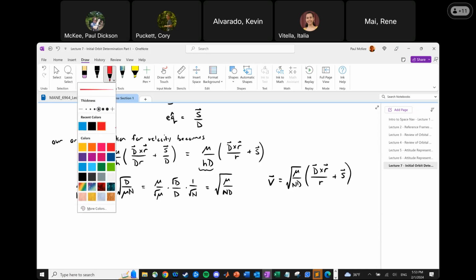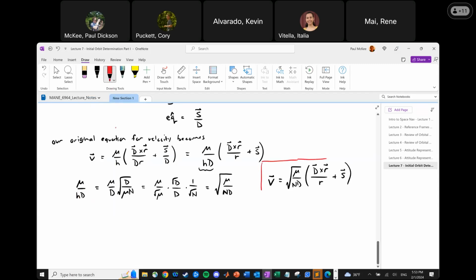And you might be thinking, okay, why are we declaring victory? Well, let's review. D, S, N, those are all things that are combinations of the three position vectors, and we can compute those. And I guess what we should really say is V_i is some function of R_i, because for a specific position, you can find the corresponding velocity, which is very cool.